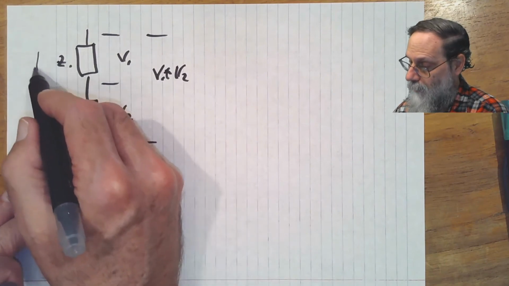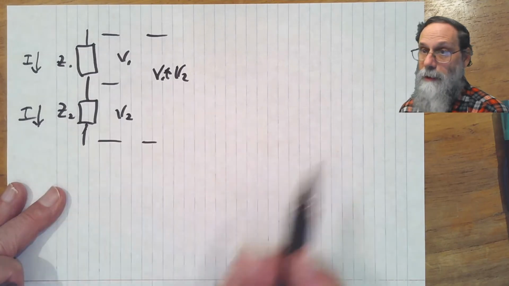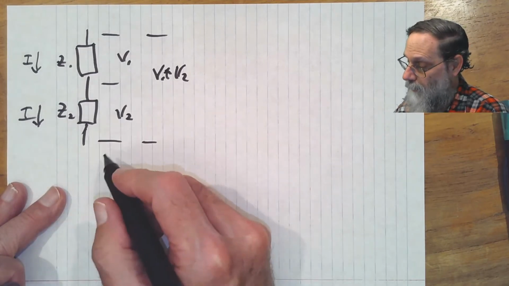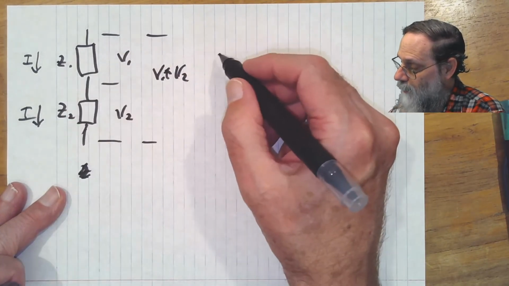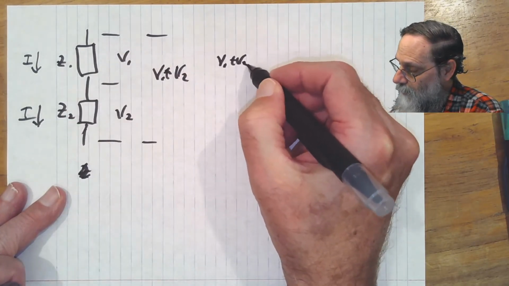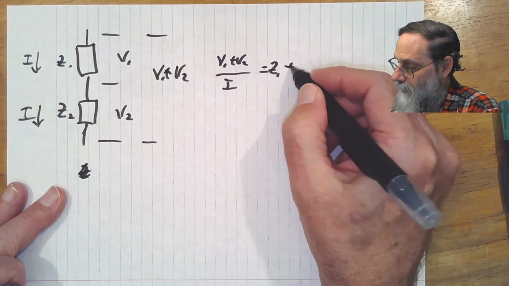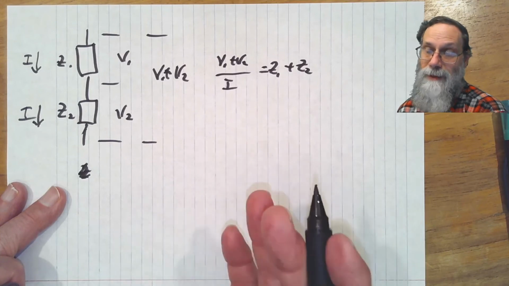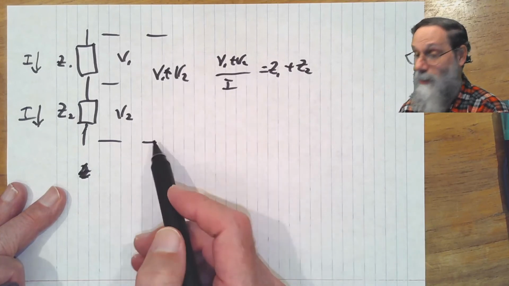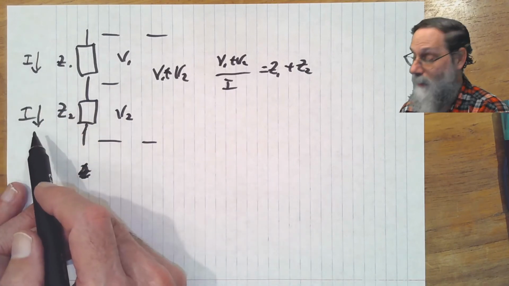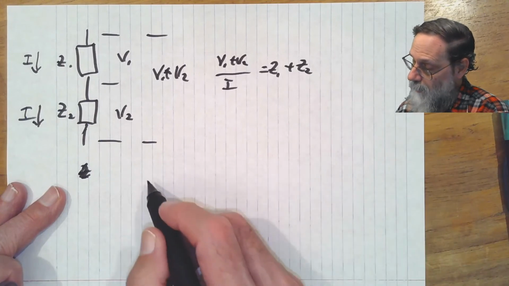The current through here is I. The current through here is also I. It doesn't have anywhere else to go. So the impedance across the whole thing is going to be (V1 plus V2) over I, which is just Z1 plus Z2. It's exactly the same reasoning we did for resistors and resistance, because voltages add and current stays the same, so impedances or resistances add.